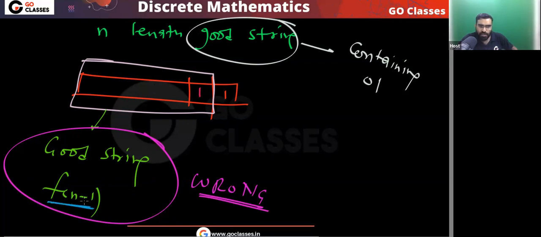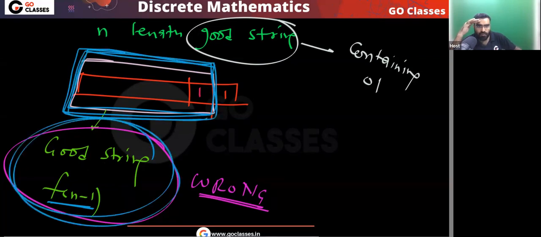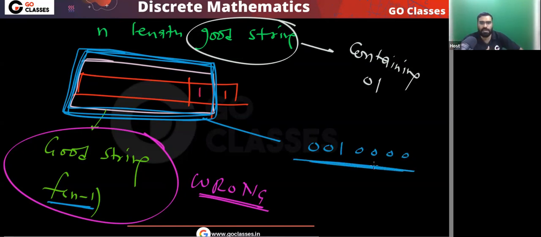Okay, when you say that you have fn minus 1 in this area, please focus. When you say that this area has fn minus 1, this area has a good string of length n minus 1. When you say this area has a good string of length n-1, are you considering this possibility? In this area, are you counting this possibility?